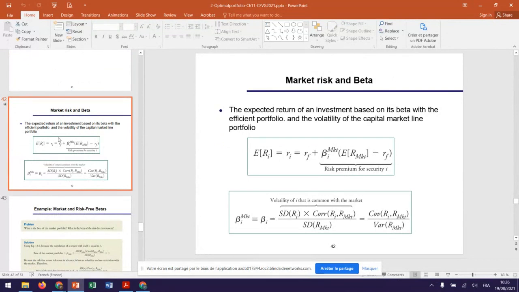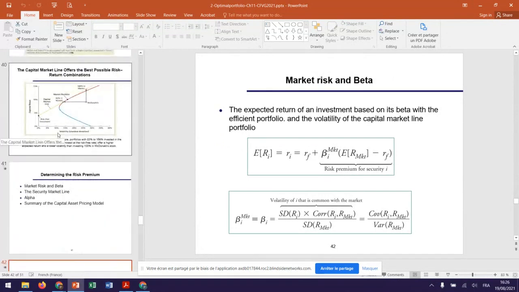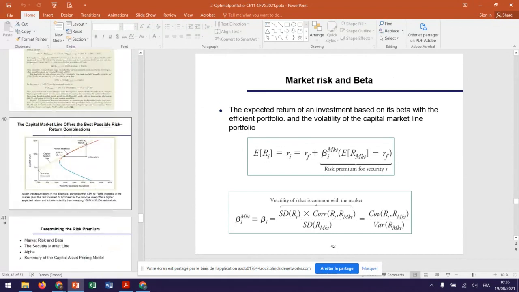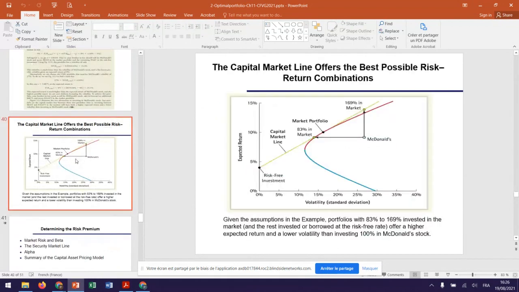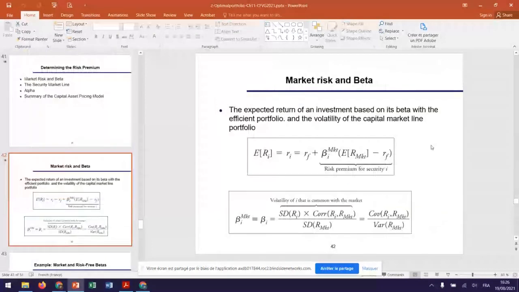Basically, you can write the CAPM as: the expected return of stock I should lie on this capital market line. Once you get this market line, you have a slope, and this slope is called the beta.